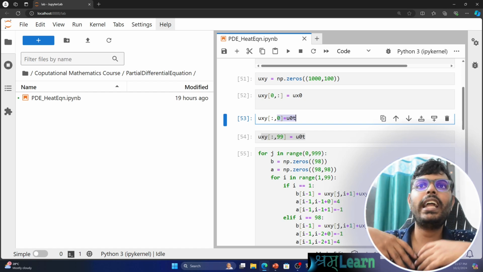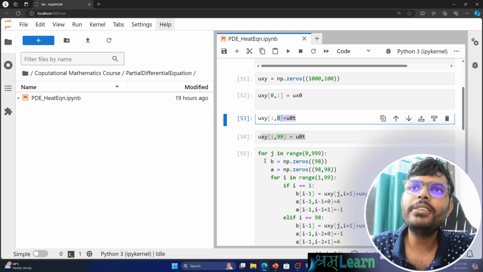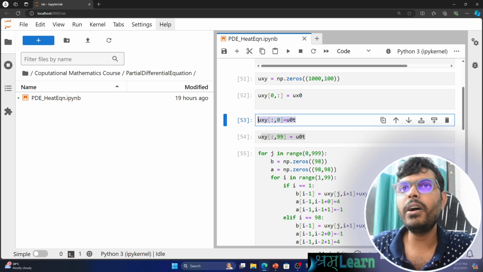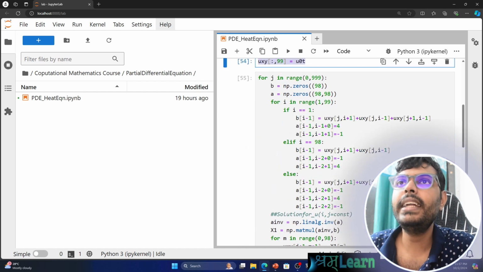So time assumes the row argument of the array notation, and position takes the column argument. So I have fixed boundary condition 1, and here I have fixed boundary condition 2, right?